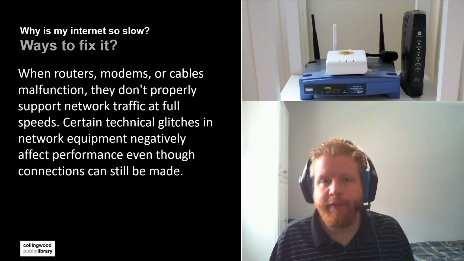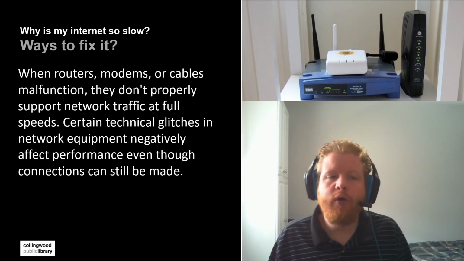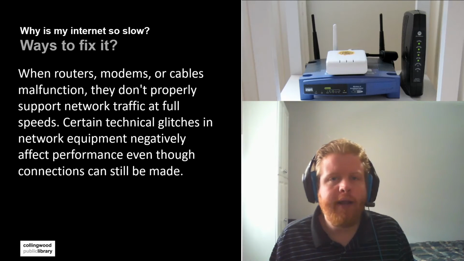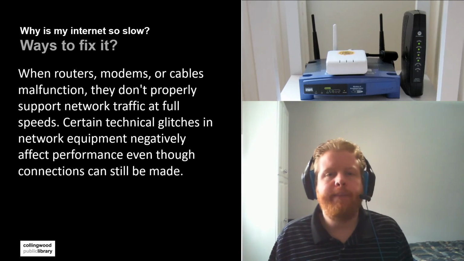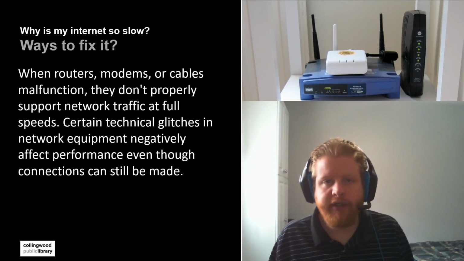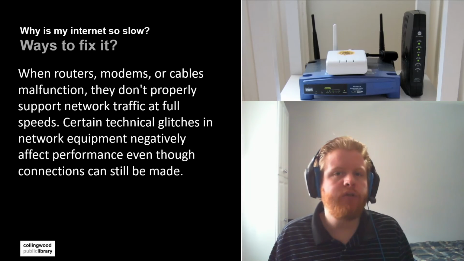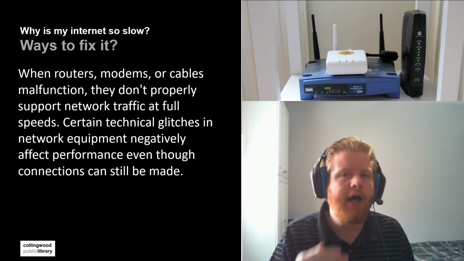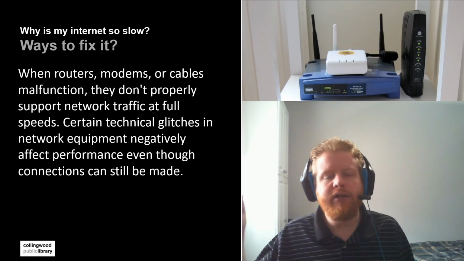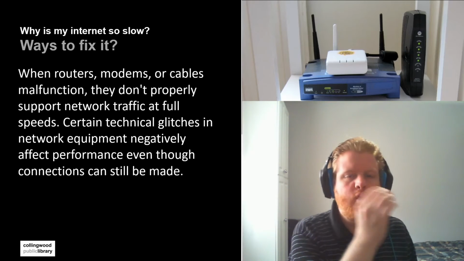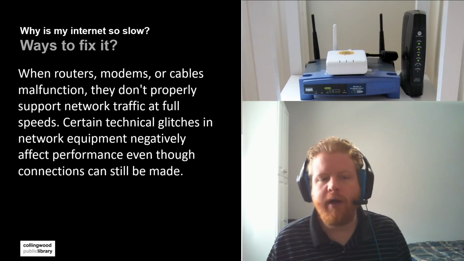Continuing with the concept of routers, modems, and even cables do malfunction. Like all equipment, there are specific ages that they start to deteriorate, and because they're not working properly, traffic is slowing down, so we're getting our traffic jams, or we're getting a poorly constructed highway, and the signal is not able to make it through as fast as it once was.